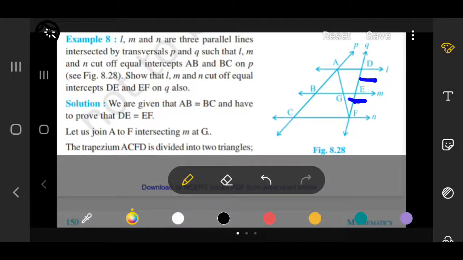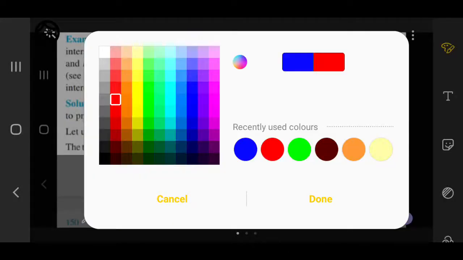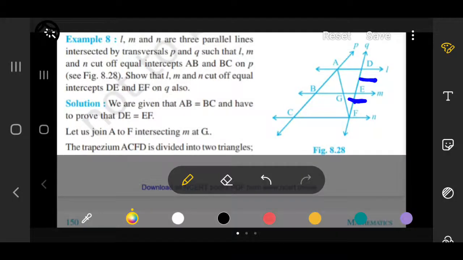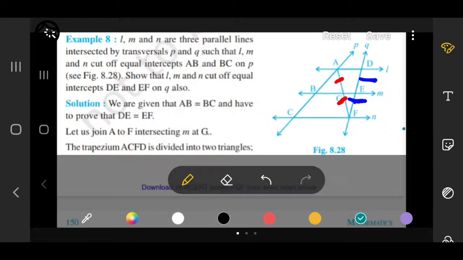To prove that, first of all, we proved that AG equals GF. Now, to prove that DE equals EF, consider the triangle AFD.